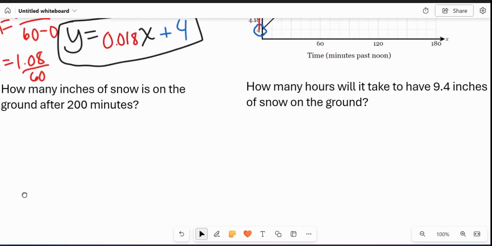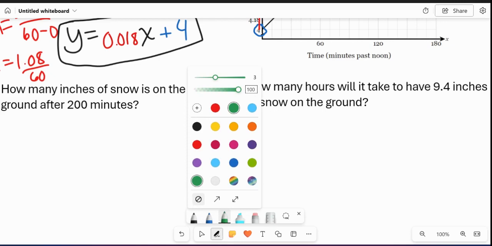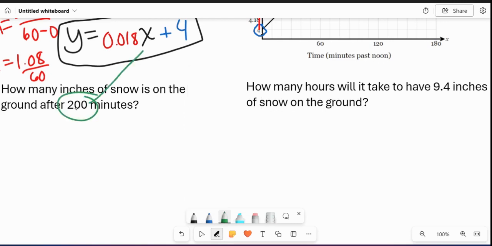All right. It says, how many inches of snow is on the ground after 200 minutes? Now remember, our minutes are x, right? So what we would do is just simply plug this in. 200 minutes is going to go in for x, and we're going to solve for y. So we have y equals 0.018 times 200 plus 4.